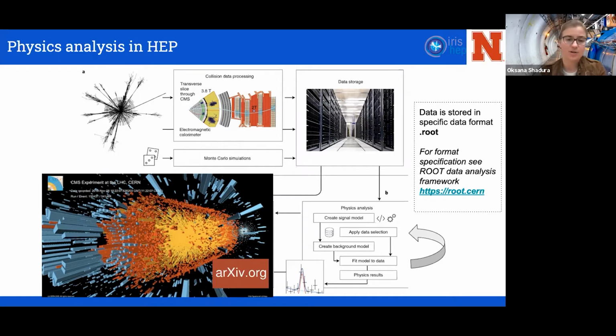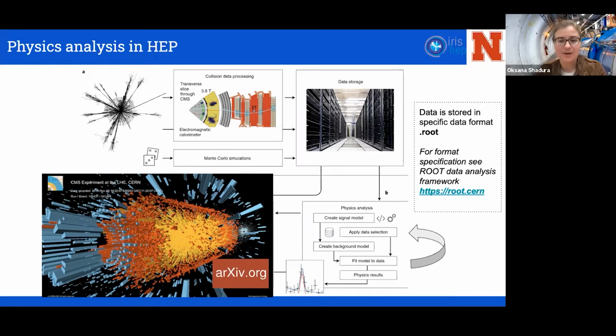For example, to measure the trajectory of the particle, the mass, the energy, etc. At the same time, there is Monte Carlo simulation, and all the data is stored in data storage. Data is usually stored in a specific data format, the ROOT format, and it's very interesting because a lot of high energy physics data is stored in this particular format. For the format specification, you can check out the webpage.